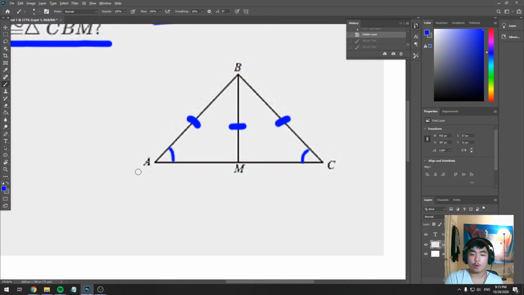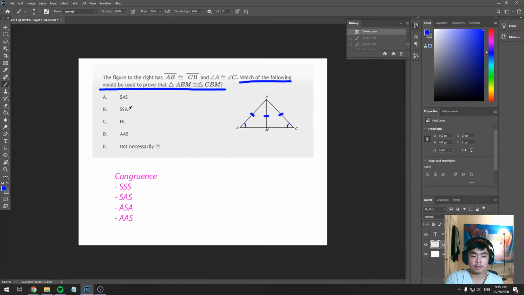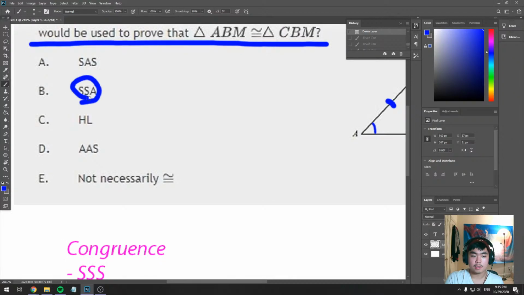right? Remember that order matters. So we have side, side, angle, right? It's not side, angle, side. It's side, side, angle, right? Which would be this, right?